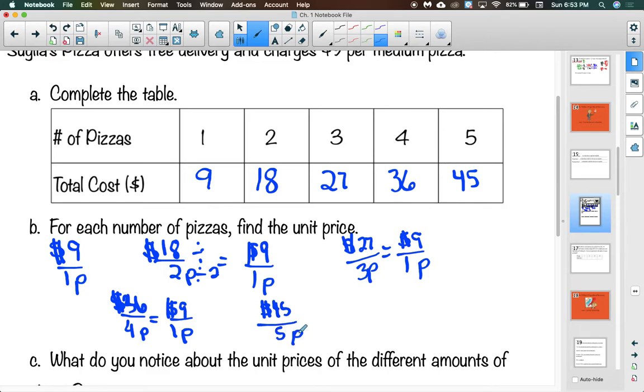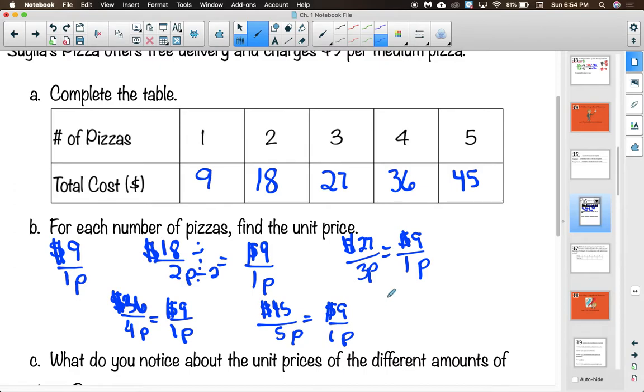And I would divide the numerator and denominator both by 5, and I would get $9 for one pizza. Take a look at those ratios. $9 per pizza, $9 per pizza, $9 per pizza, $9 per pizza, $9 per pizza.